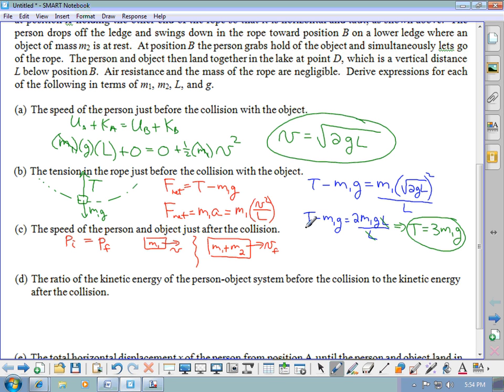And so the initial momentum is going to be m1 times our speed that we had in part A, the square root of 2gL. And our final momentum is m1 plus m2 times the final speed.